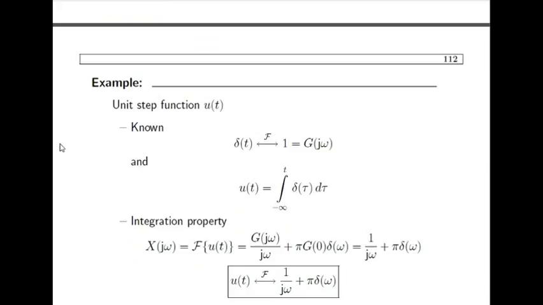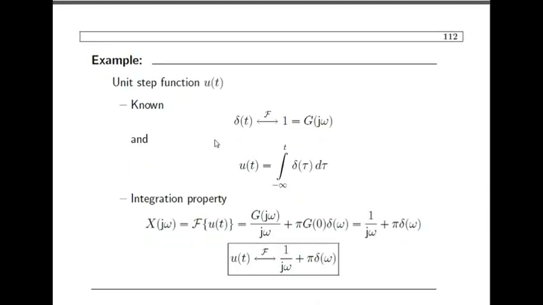The first example is the unit step function u(t). Let's consider delta(t), which has Fourier transform 1, and we are considering it as G(jω). We know that u(t) can be represented by integrating delta from minus infinity to t.